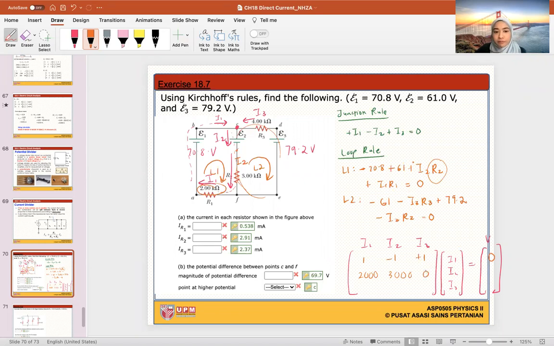And for my voltage, I need to transfer whatever is not related to I1, I2, and I3 and move it to the other side of the equation. So this is, I already have it here, minus 61 plus 70.8.